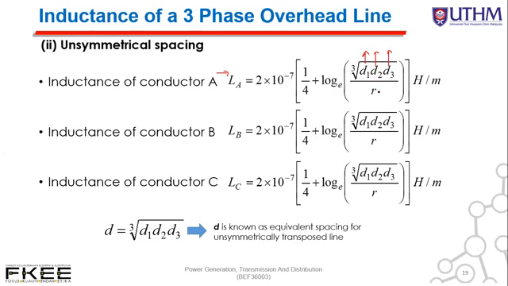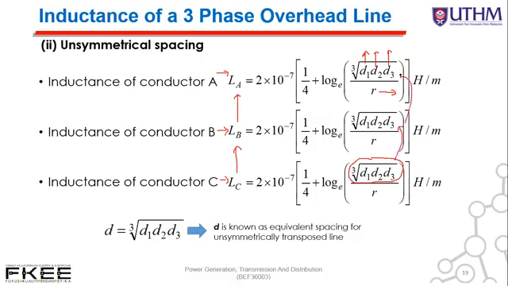R is the radius, assuming the radius is the same for conductors A, B, and C. Similarly, for conductor B the equation is the same as conductor A, and the inductance of conductor C, LC, is also similar, provided that we use this equivalent spacing in the equation.